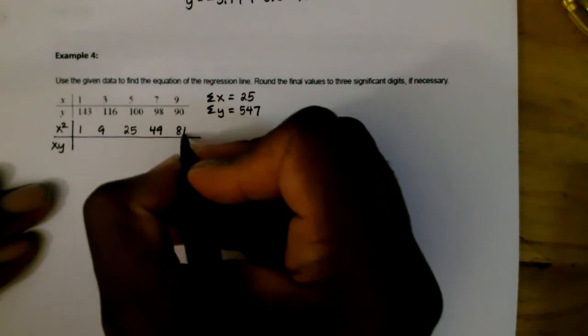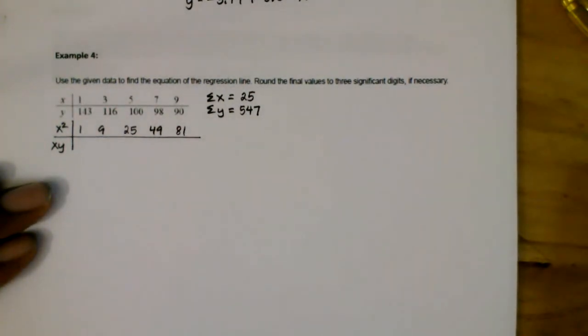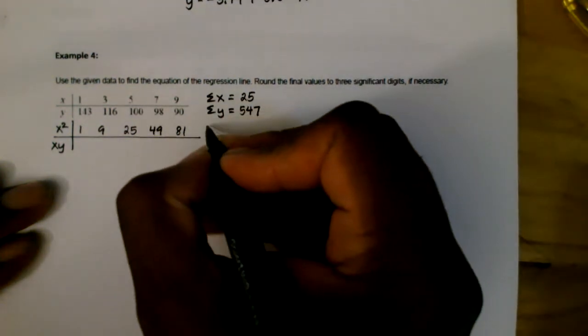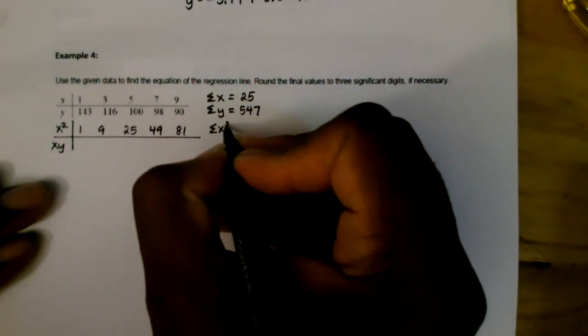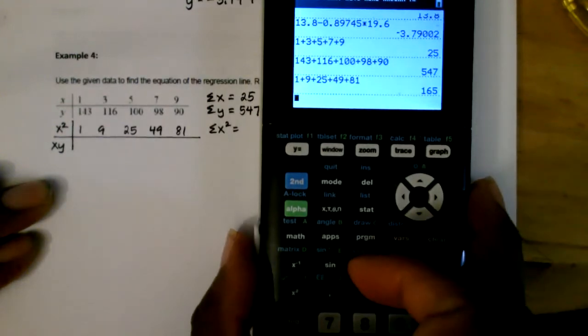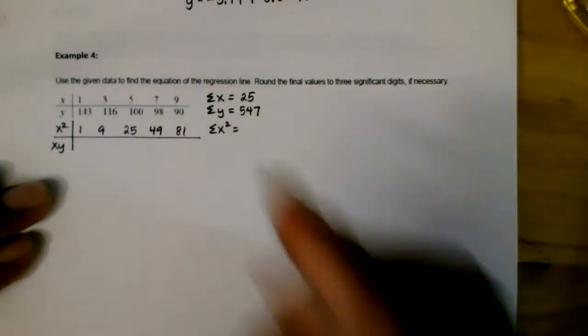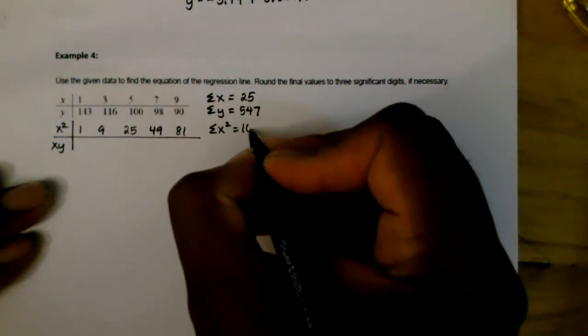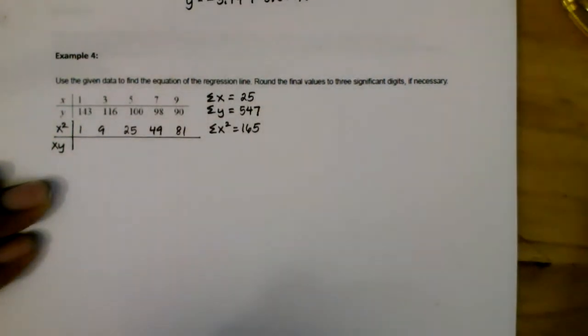And 9 squared, or 9 times 9 is 81. And then I'll take the sum of the x squares. So in this case, if I add 1 plus 9 plus 25 plus 49 plus 81, that would be 165. So the sum of the x squares is 165.